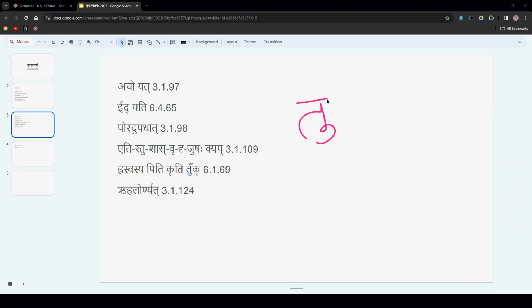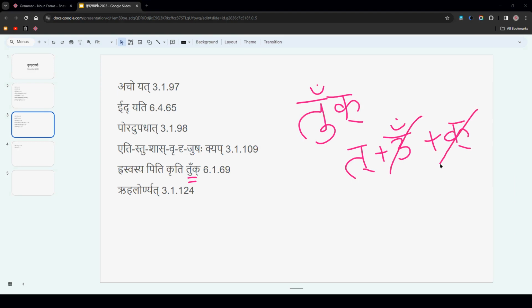So we have this tuk as the pratyaya. In this also we have ta plus ka. Here ka goes away, only takara remains. What is the purpose of this? We'll keep it aside for now. So takara, so ta.